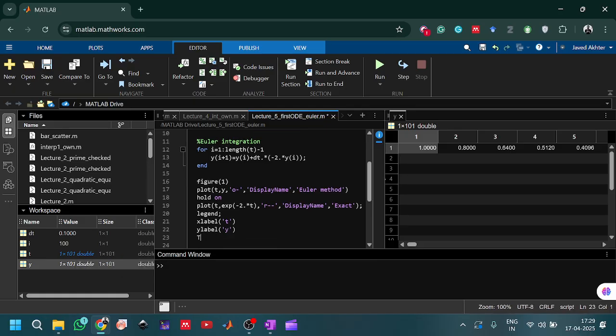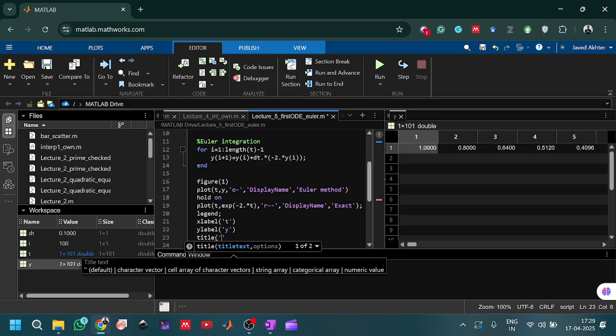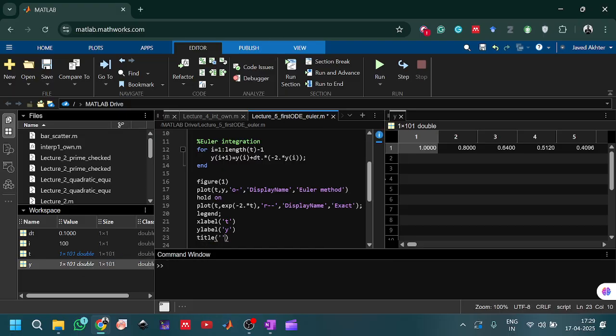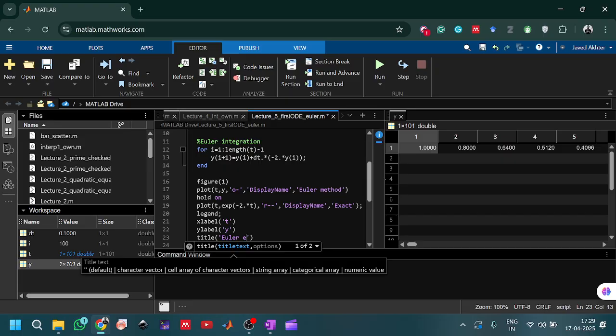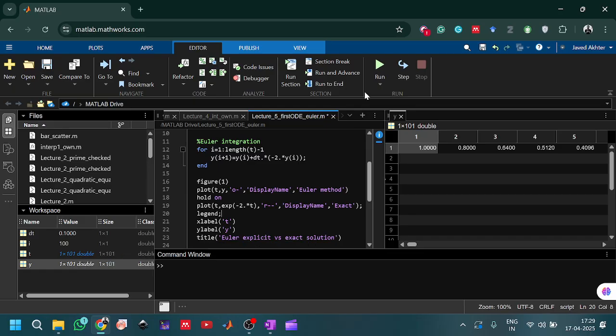And let me give a title. The title should be small, I guess. So what can be the title? Euler explicit versus exact solution. Okay, so let me try to run it.